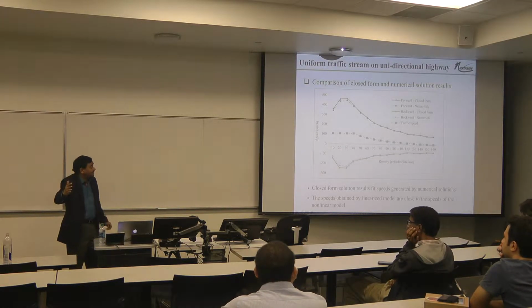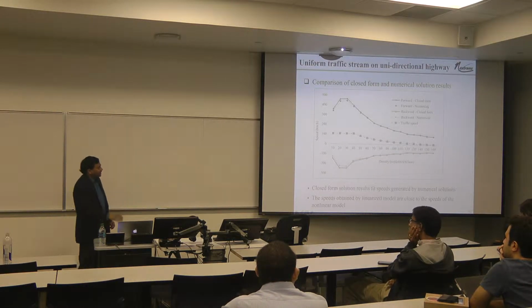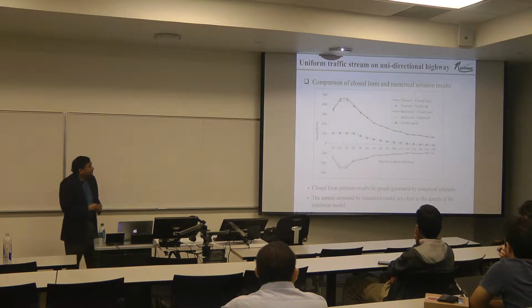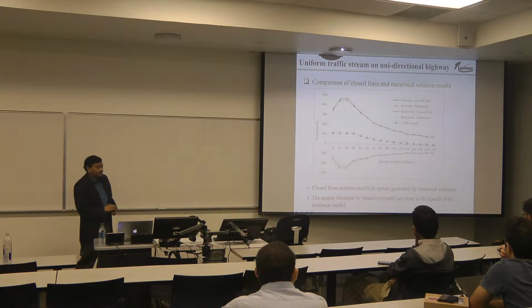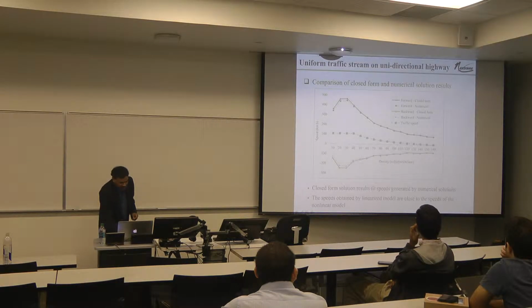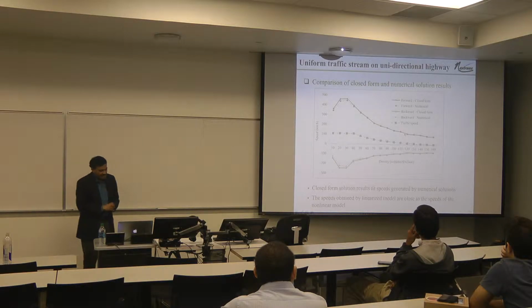I'll talk about that next. But the closed form solution in this case, you'll see in both the forward propagating wave and the backward propagating wave is very close to the numerical one. Even in the context of the use of linear conjecture, even though it's approximate, the fit is really good out here. And as you go further in density, it becomes identical.